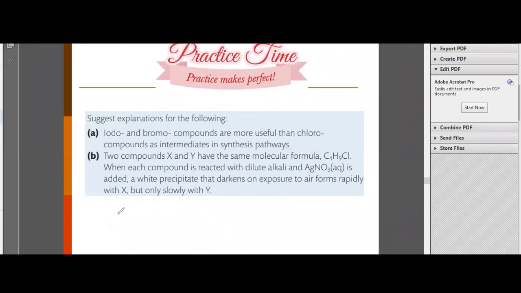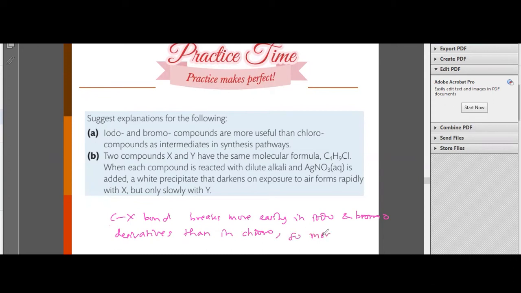This is because the C-X bond breaks more easily in iodo and bromo derivatives than in chloro, so they more readily undergo substitution reactions.